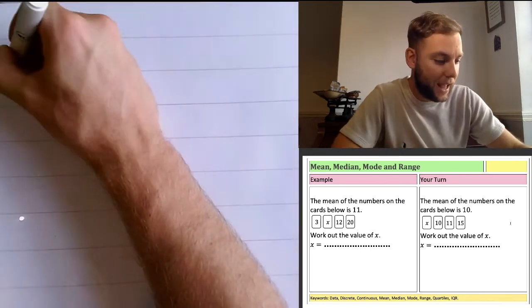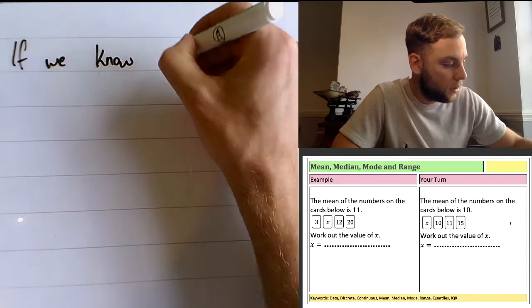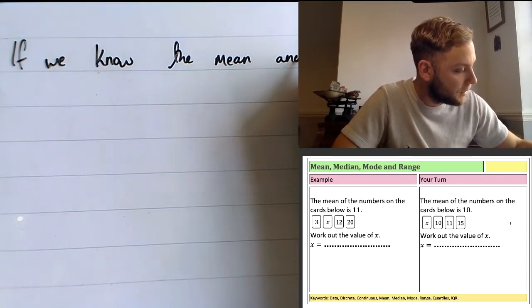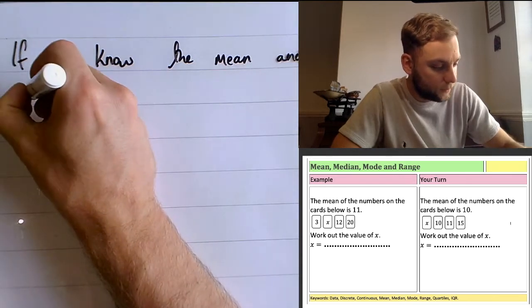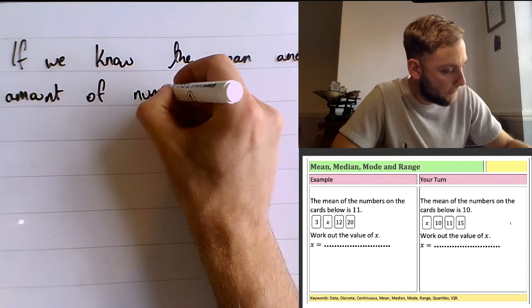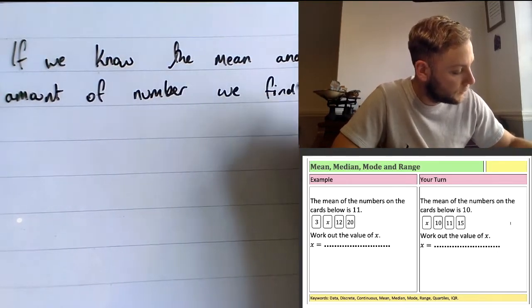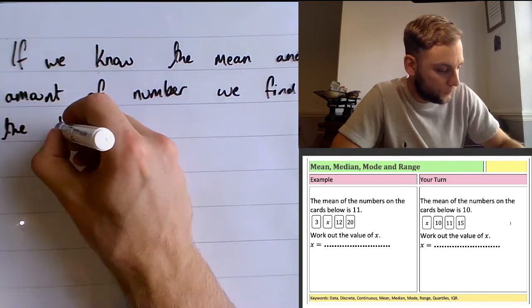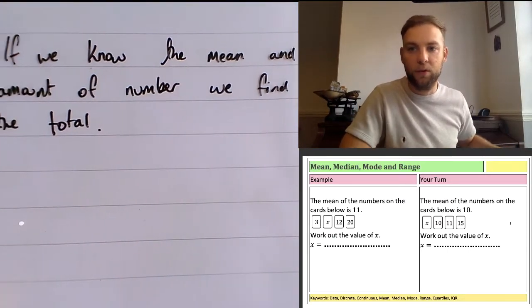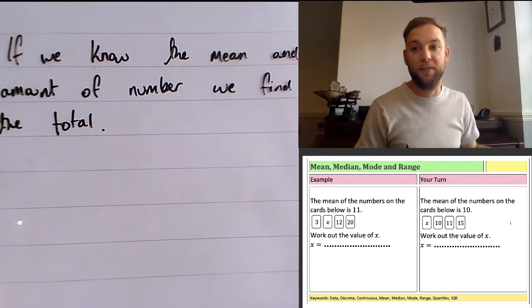If we know the mean and the amount of numbers, we find the total. This is really important.